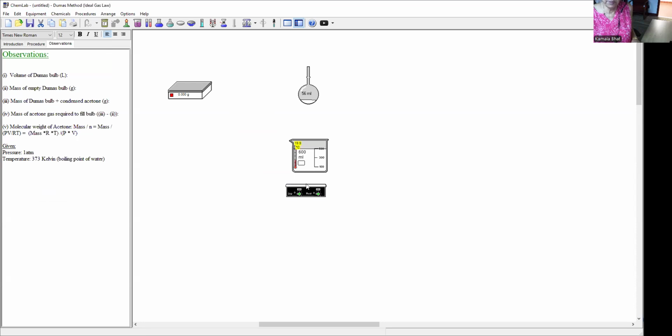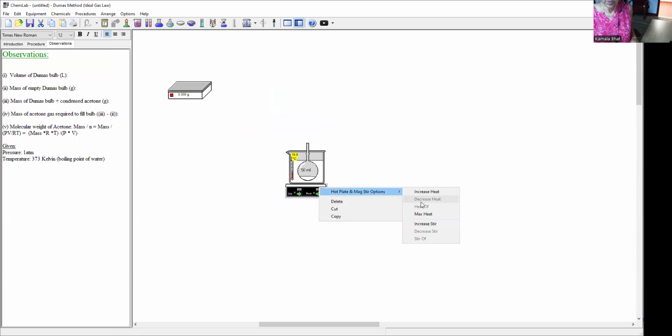Keep it below the beaker, and then lower the bulb to sit properly on top of the beaker. Highlight both, combine, and then place the bulb and beaker on top of the hot plate. Right-click the mouse, select maximum heat, and let it start heating.